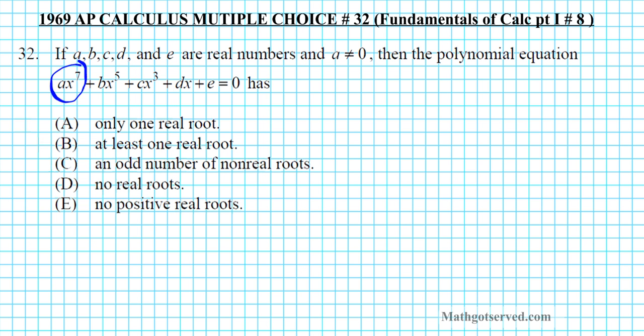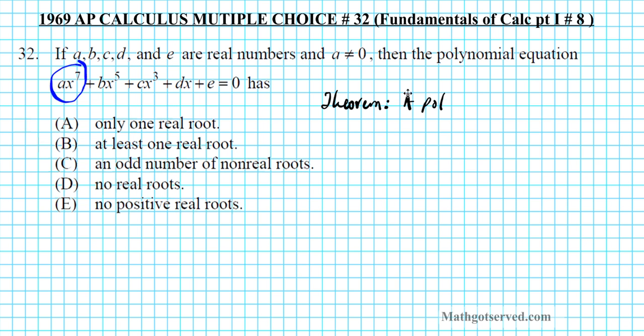One thing that you want to note concerning the degree is that a polynomial cannot have more real zeros than the degree. Okay, let's write that down.